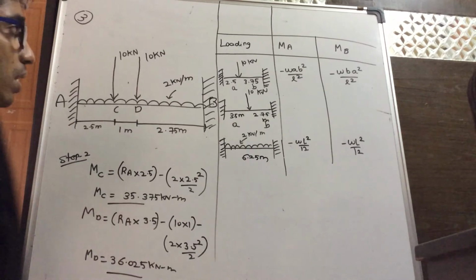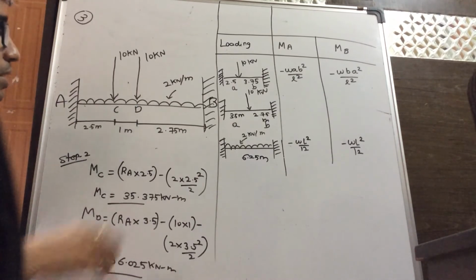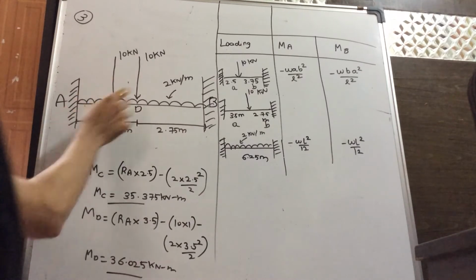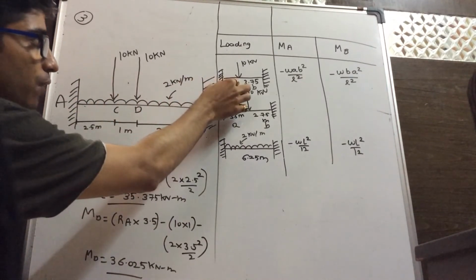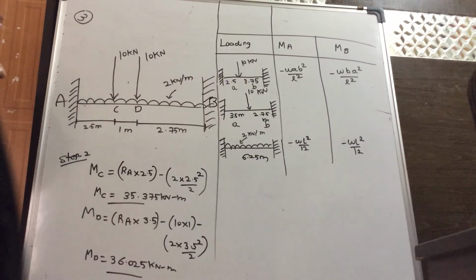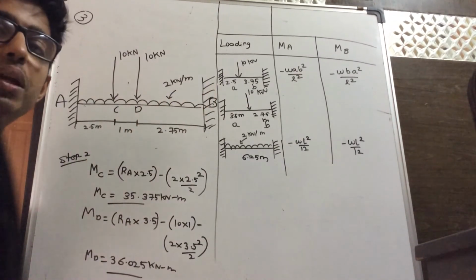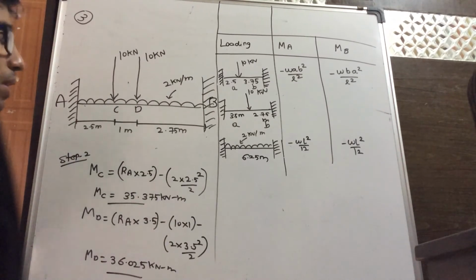So first, as we have seen previously, if we are taking this 10 kilonewton load as first load, it is acting at a distance of 2.5 meter from left side and at a distance of 3.75 meter from the right side. So the moment at A formula comes out to be minus WAB square upon L square.